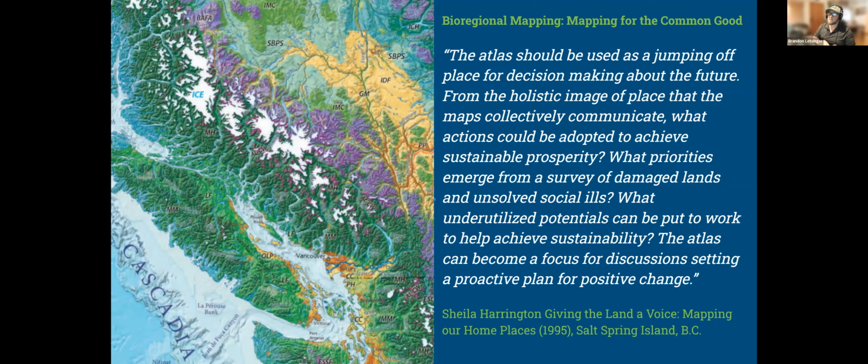From the holistic image of place that the maps collectively communicate, what actions could be adopted to achieve sustainable prosperity? What priorities emerge from a survey of damaged lands and unsolved social ills? What underutilized potentials can be put to work to help to achieve sustainability? The Atlas can become a focus for discussion, setting a proactive plan for positive change.